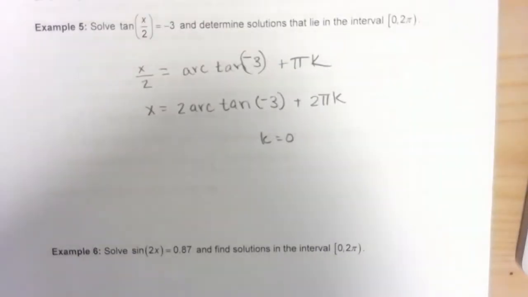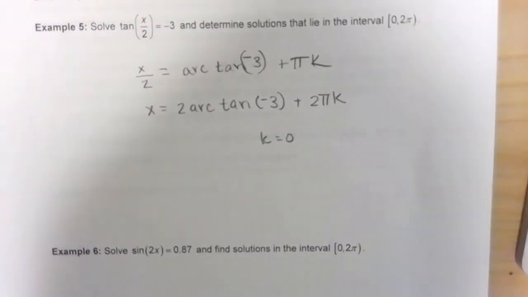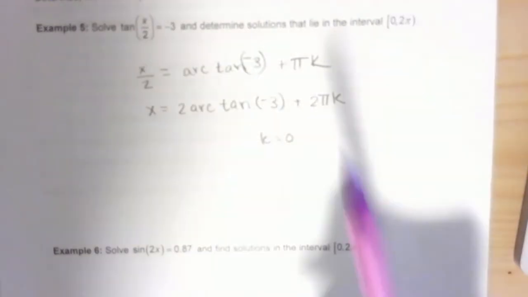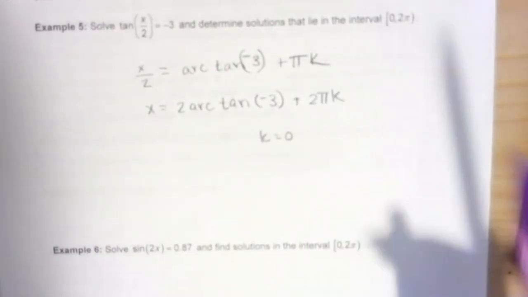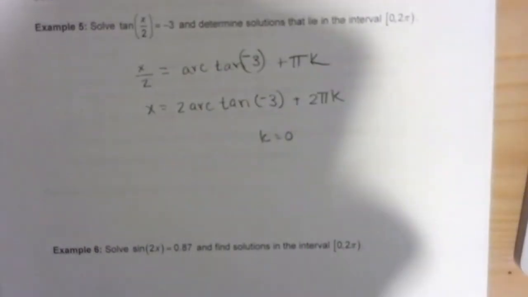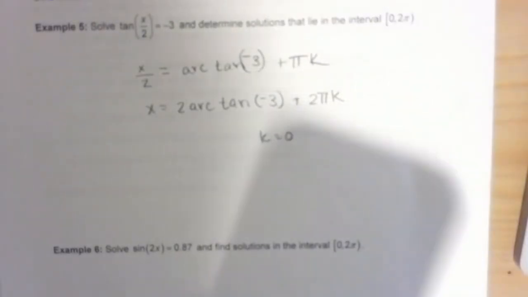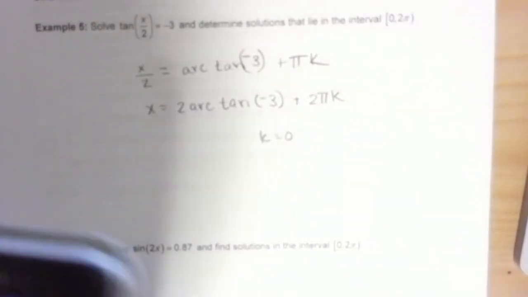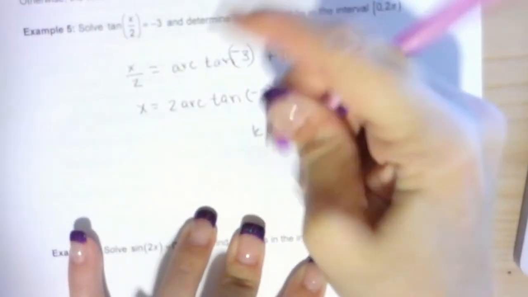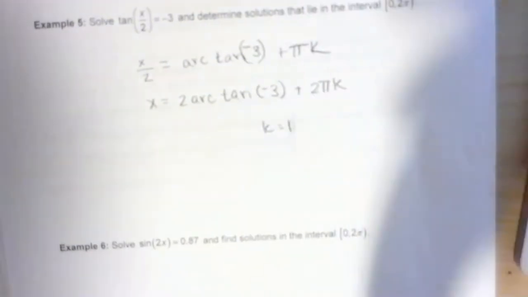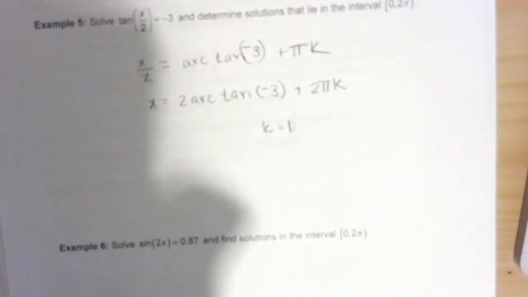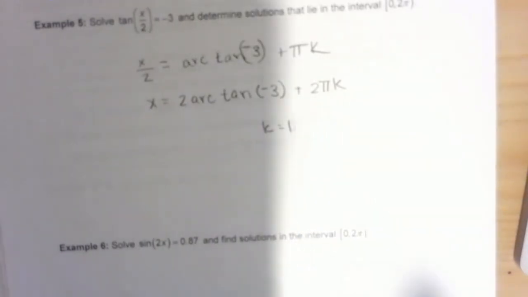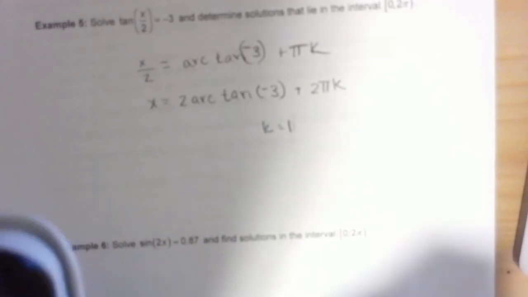Alright guys, I made a mistake here. Because if we use our calculator right now and plug in 0 for k, you get -2.49 blah blah blah, right? Well, it has to be between 0 and 2 pi. So let's erase that. It can't be 0, so let's try 1. Maybe 1 will give us a better value. When you plug in 1, we get 2 arctangent of -3 plus 2 pi.